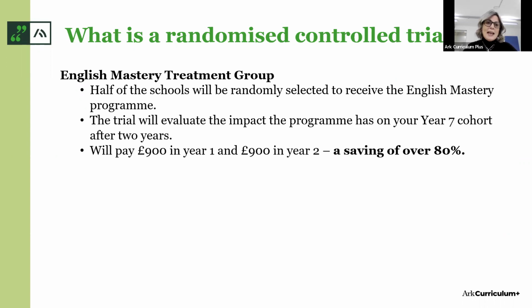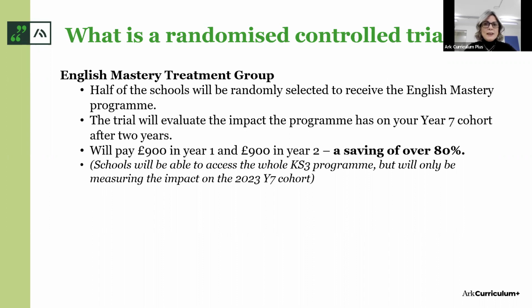You'll need to pay £900 a year to participate in the trial, but the EEF have heavily subsidised that, and that's a saving of over 80% on the English Mastery programme. So there's a significant saving in that.